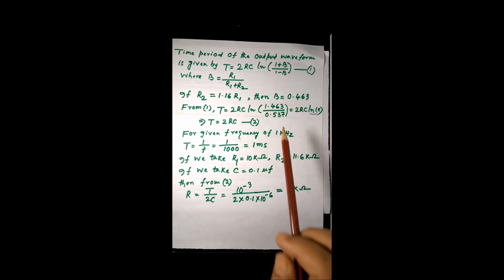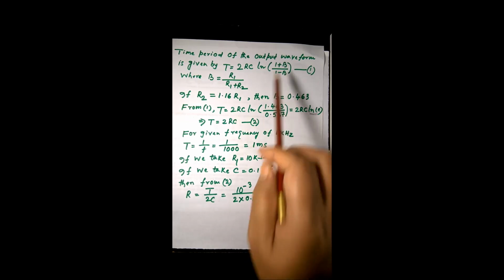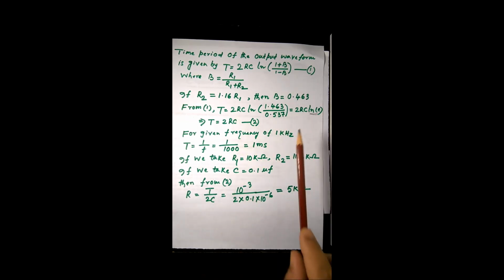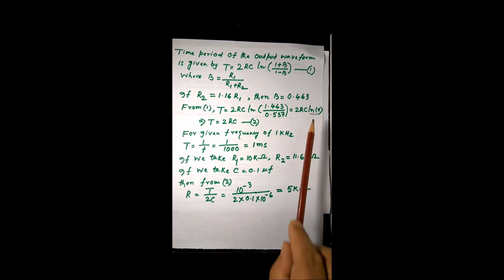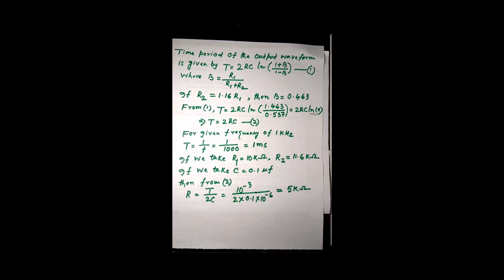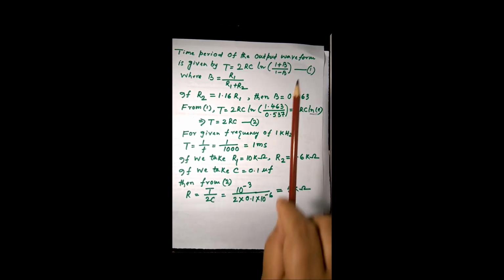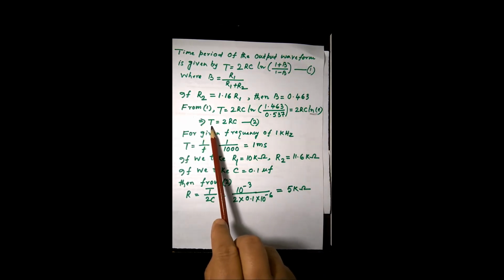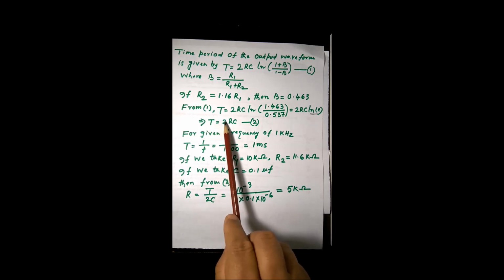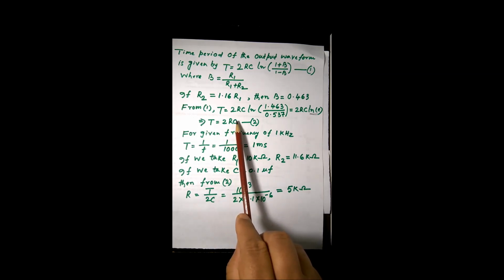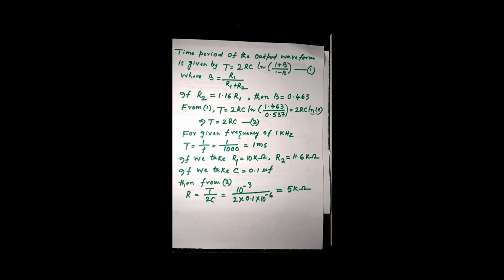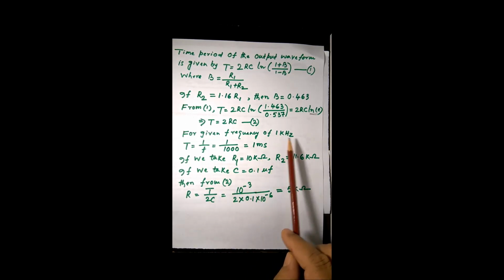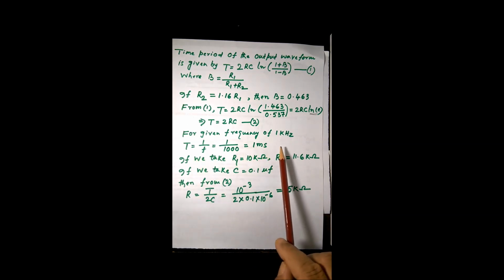0.463, and if we substitute that value into equation number 1, we can see that (1 plus B) divided by (1 minus B) will be approximately equal to the value of e, and equation number 1 will be reduced to a very simplified form, that is T equal to 2RC. Now, as I already told, the given frequency is 1 kilohertz and the time period would be 1 millisecond.